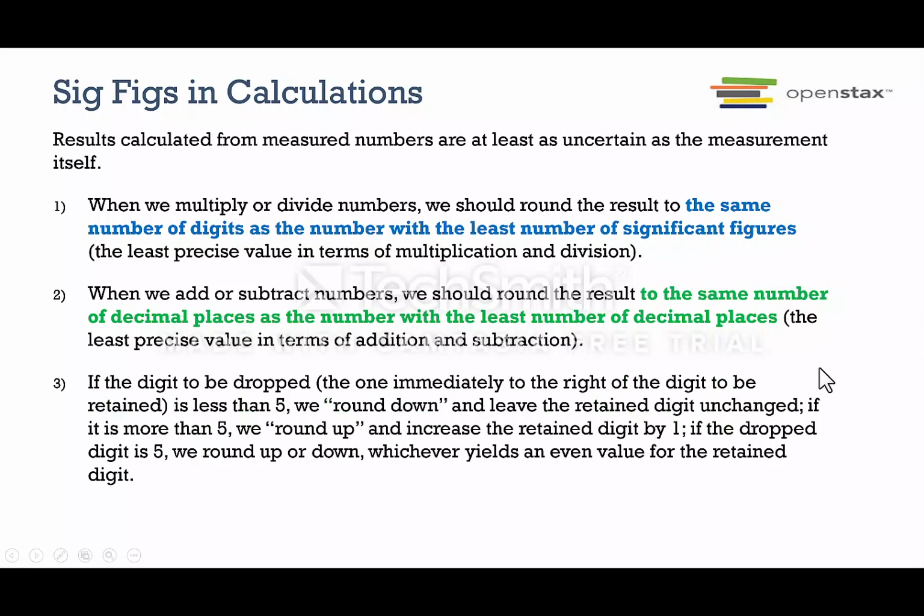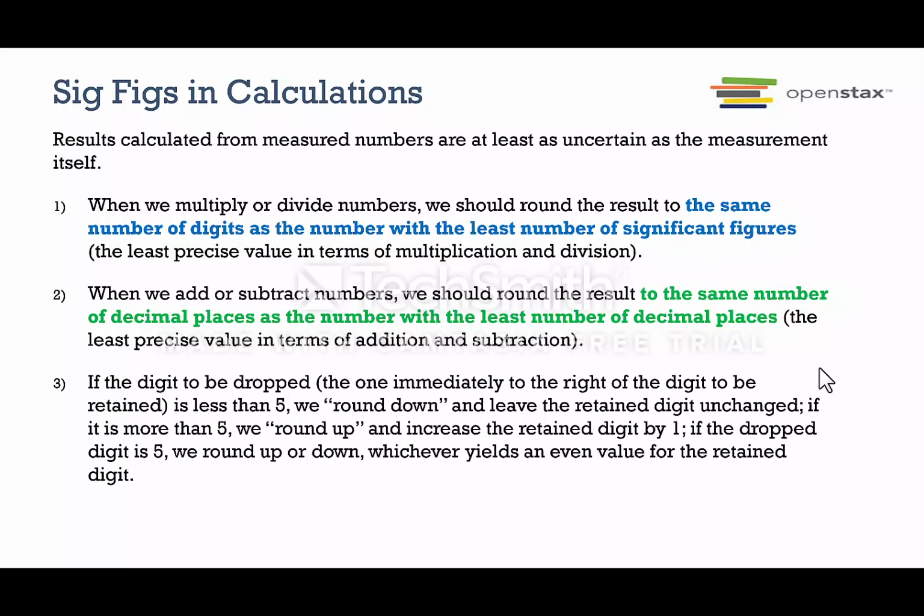All right, so this begs the question, well, what do we do with the other digits that we drop? So there's rounding rules. Kind of the rule of thumb is the number that you're keeping. If the very next one is 5 or greater, you would round up when you keep a number.